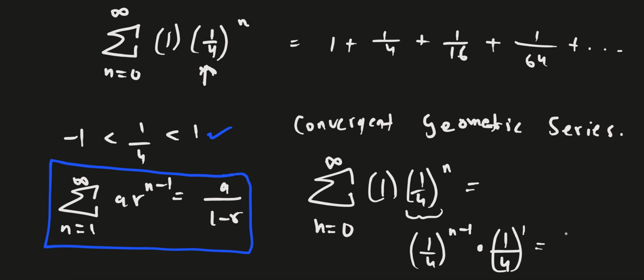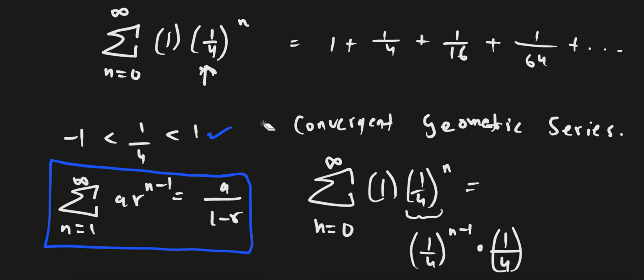This would be 1/4 raised to the n minus 1 plus 1 power. This is gone, so you end up getting 1/4 raised to the n power, which is exactly what we had here.